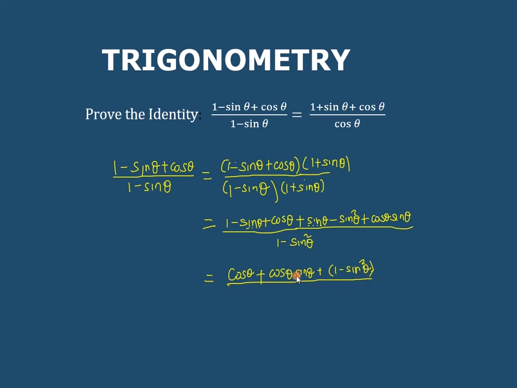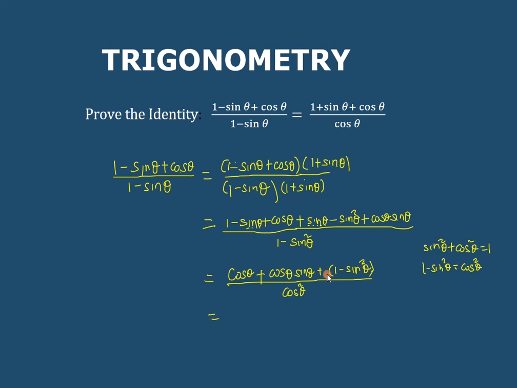And this one is divided by, using Pythagoras theorem, we got sine squared theta plus cos squared theta equal to 1. This one means that 1 minus sine squared theta is the same as cos squared theta. So down here, instead of sine squared theta, I have cosine squared theta.